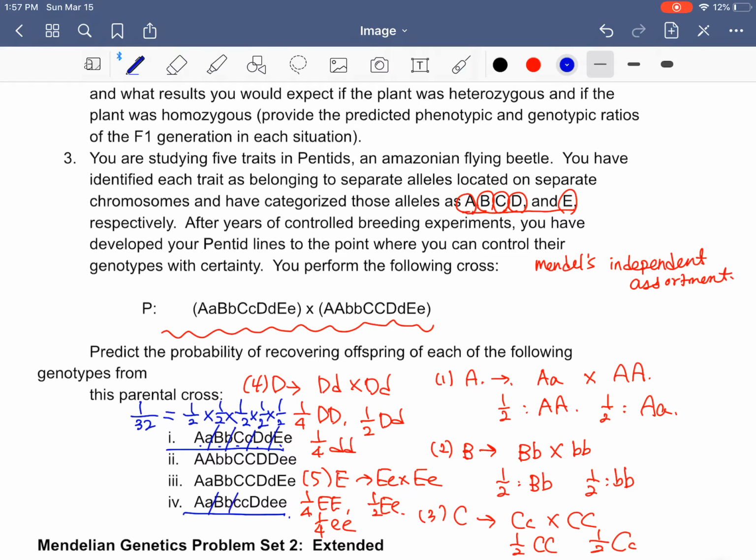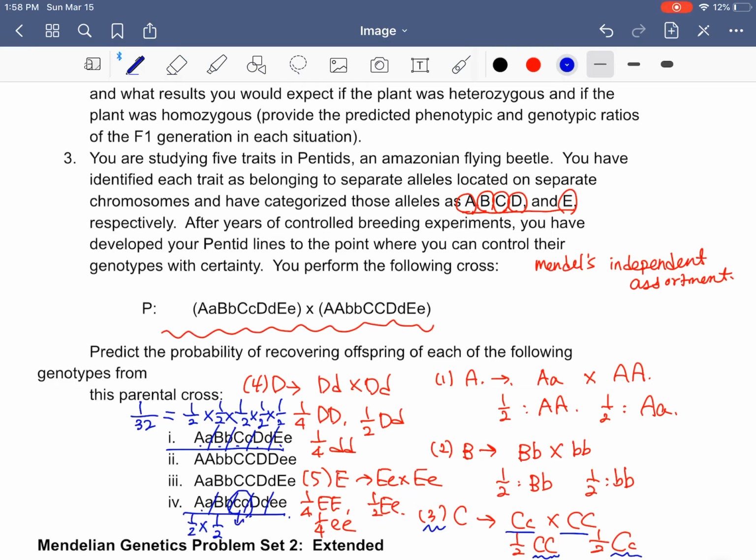Now let's take a look at the fourth one. So here we also look at the different alleles separately, or different genes separately. And for A allele heterozygous, it's 1/2 probability. B allele heterozygous is also 1/2. C allele homozygous recessive. If we look at the C allele, our only offspring options from these parents are homozygous dominant and heterozygous.